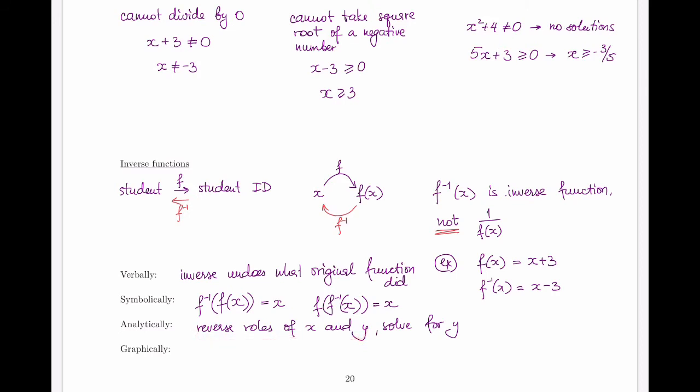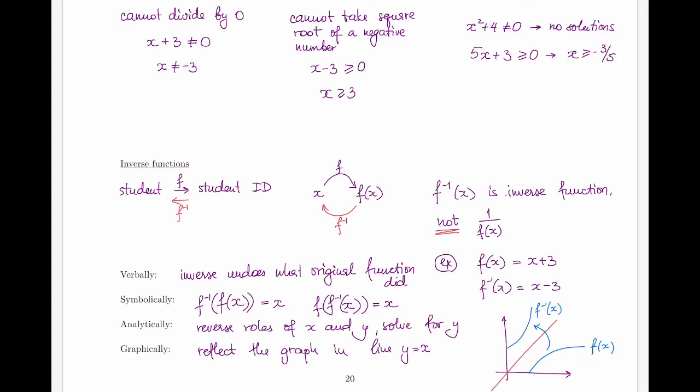Reversing the roles of x and y means simply reflecting the graph in the line y equals x. Okay, so you have a little diagonal line, and whatever your function is, you're going to have to reflect it in this line to get the inverse. So let's say if this is my original, then the inverse is simply reflecting it in this line, so something that will look like this.